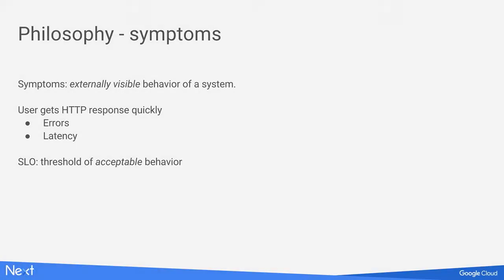So the first thing, this is a section, by the way, about philosophy. So we're going to talk about the why. And later we're going to show some best practices on more the how. But the philosophy around alerting on symptoms focuses you as somebody that's monitoring their services on the things that really matter to your users.